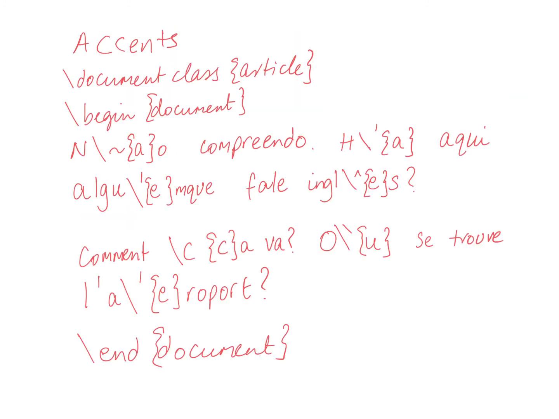If we want to add accents, look at this code. We are placing the accent right after the backslash and then the letter on top of where you want the accent. So this is how you'll write the accents. This is just a code.